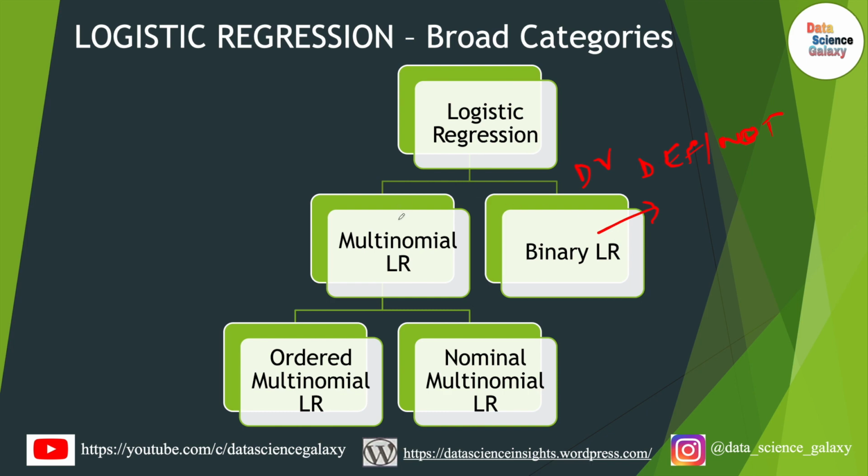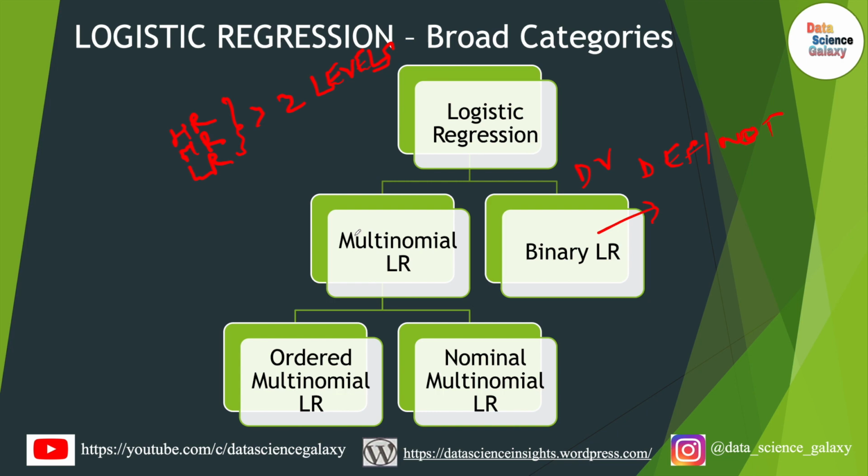Another thing, depending on the number of levels, just to give you an example of a risk profile: high risk, medium risk, low risk. These are more than 2 levels for the dependent variable. And therefore, you can think of applying something called multinomial logistic regression. So broadly, depending on the levels of the dependent variable, logistic regression can be classified into binary if the dependent variable is strictly binary, and multinomial if the dependent variable has more than 2 levels.